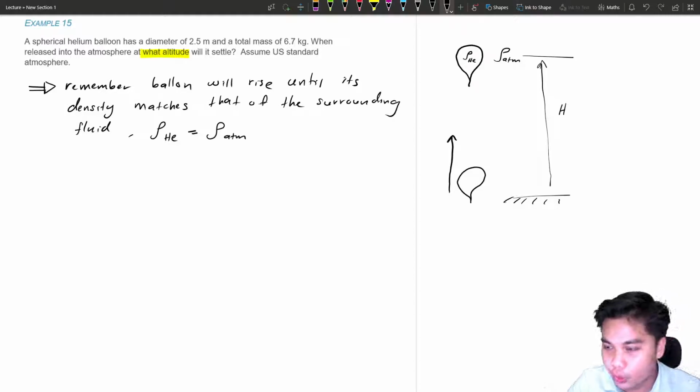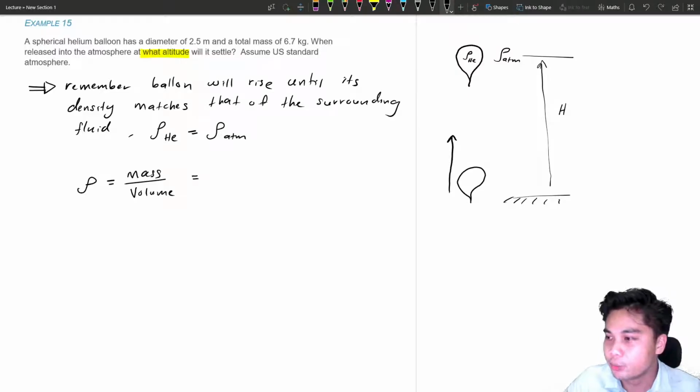So what is the formula of density? Density equals mass over volume. We need to find the density of the helium. We assume that the density of helium will be equal to the density of the atmosphere when it is at the top.